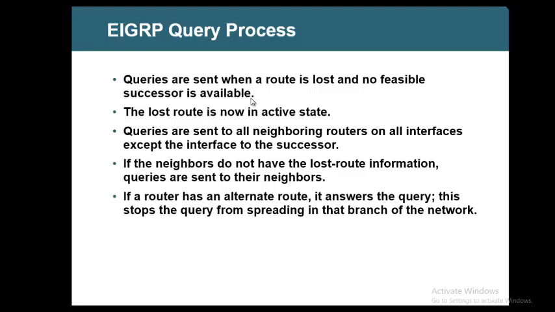It will go to A, it will go to C, it will go to D, it will go to E. And those routers will not keep it for themselves. They will send it to their neighbors. So whatever C received from B as a query, now C will also forward to its neighbors. So it goes to A again. A has already received it from B, but A receives it also from C.